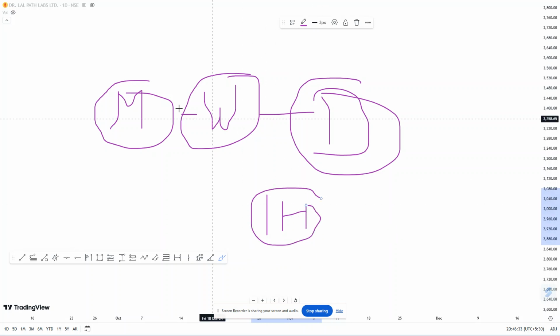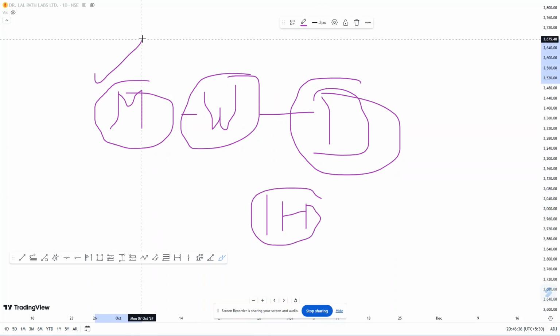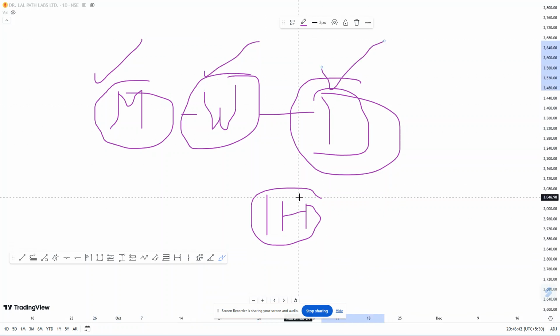Right. We will analyze the chart on monthly, then we will move to weekly, then we will move to daily, and we will execute on the basis of the hourly chart.